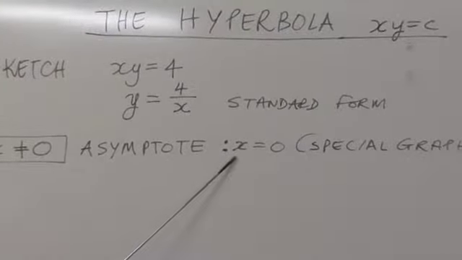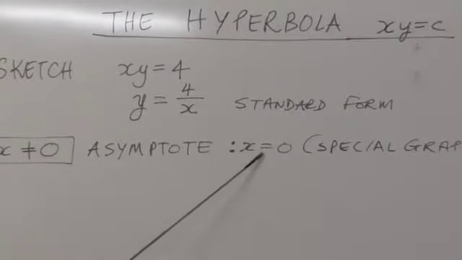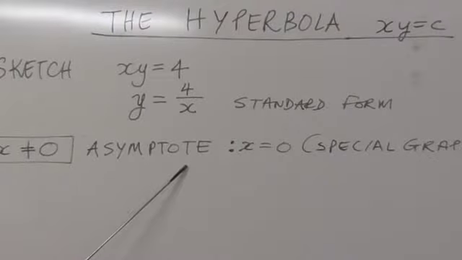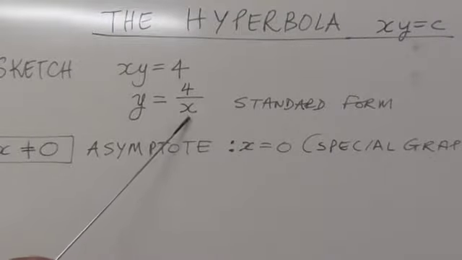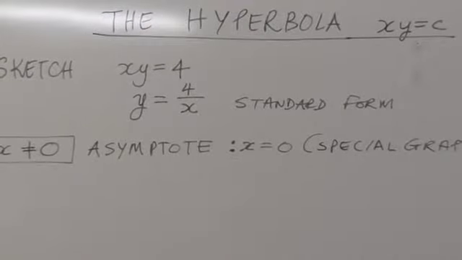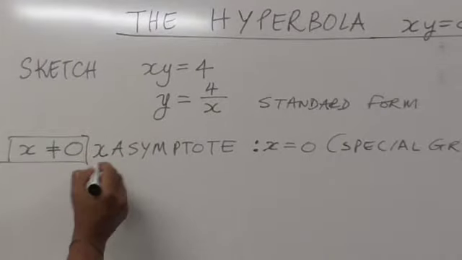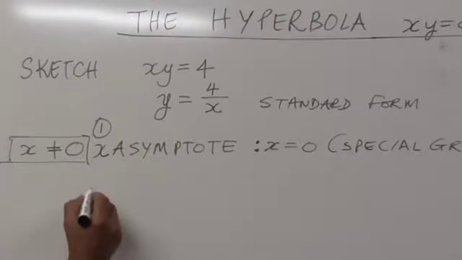Therefore the asymptote will be x is equal to 0. In other words, take the denominator, make it equal to 0 to find the x asymptote. So let's do it like this. You want the x asymptote, right? That's number 1.